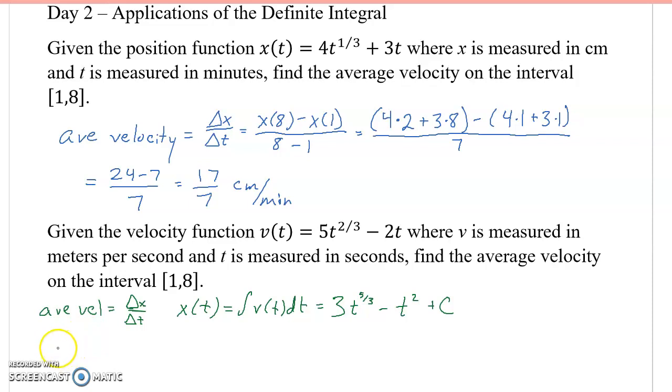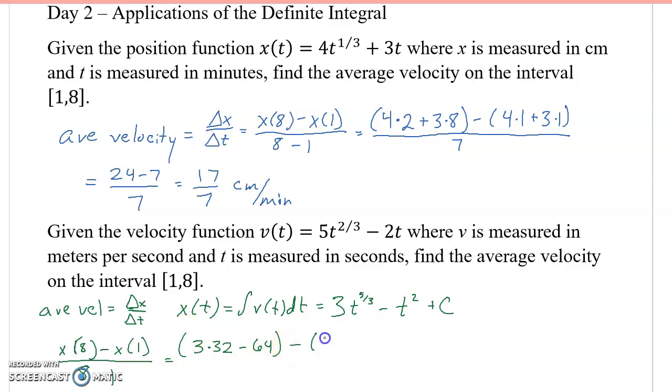So we'll do the same process. We'll do x of 8 minus x of 1 divided by 8 minus 1. And this is the same idea, just different numbers. So we've got 3 times 8 to the 5/3 is 32. And 8 squared is 64.